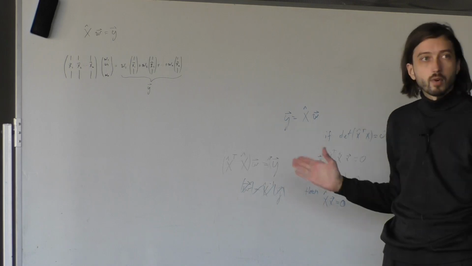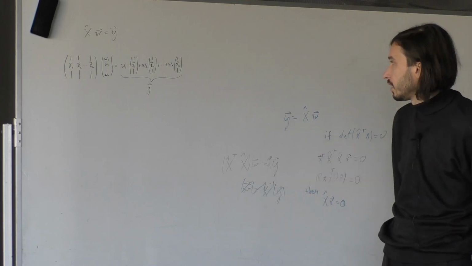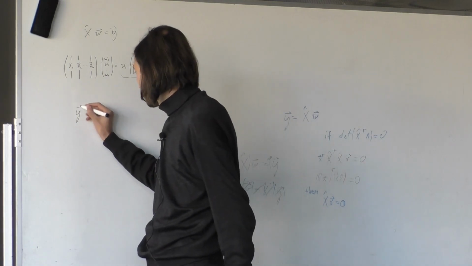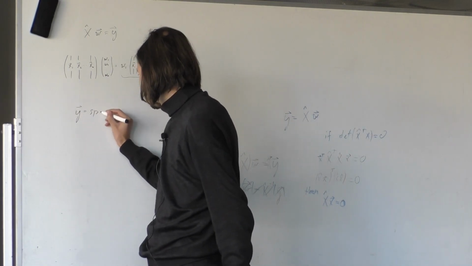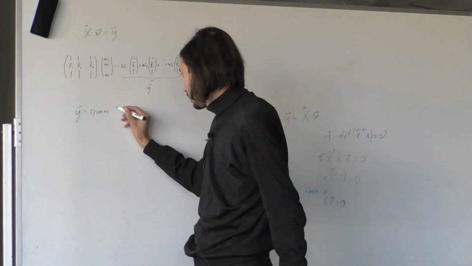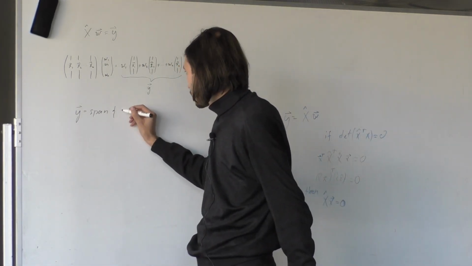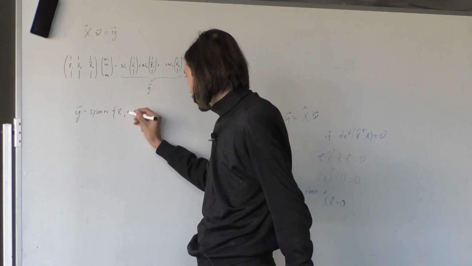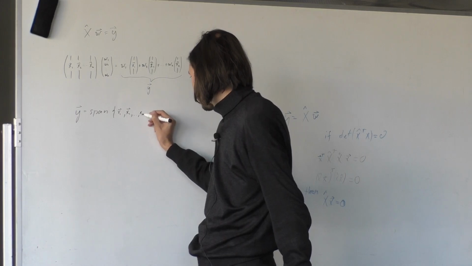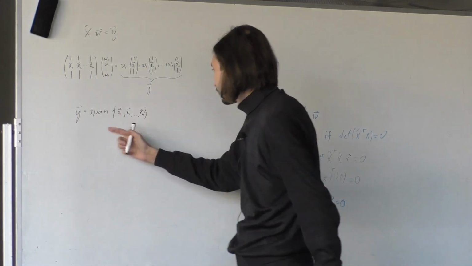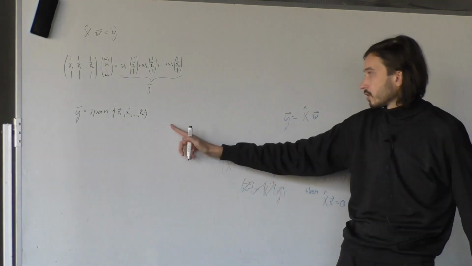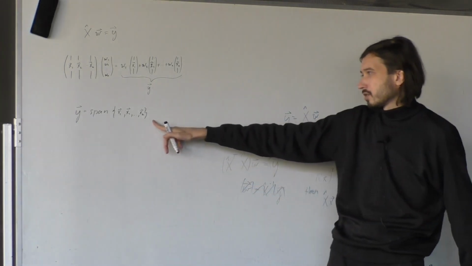Okay. Let's think about it this way. This vector lies in a span. It's a linear space that you construct from the vectors x1, x2, up to xn. So what can be the maximal dimension of this thing?